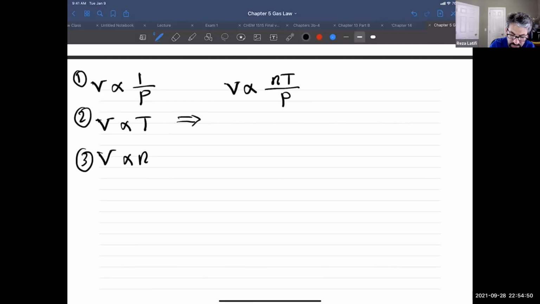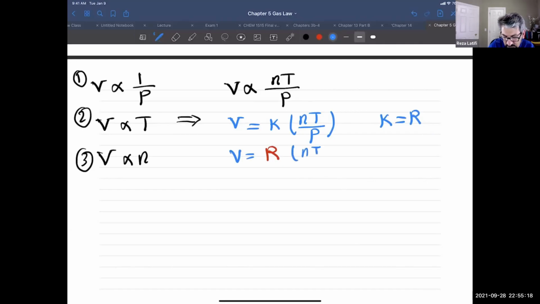Let's make it an equal sign. So we get V equal to a constant number, whatever, I'm going to call it K, multiplied by NT divided by pressure. Okay, I'm going to replace K by R, and I get this: V equal to R multiplied by NT divided by pressure.